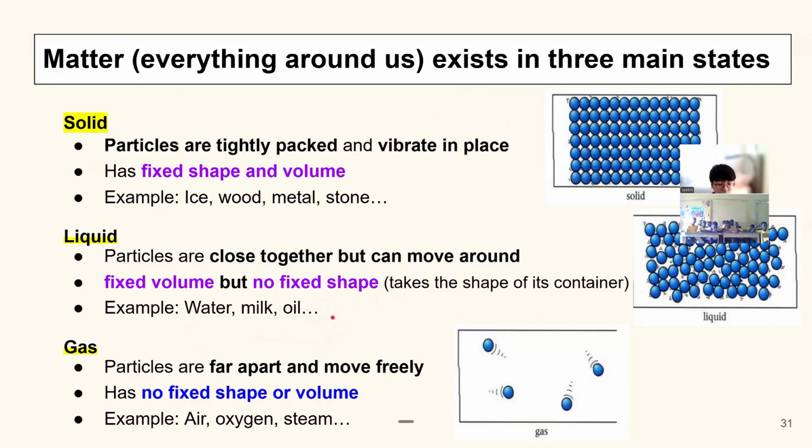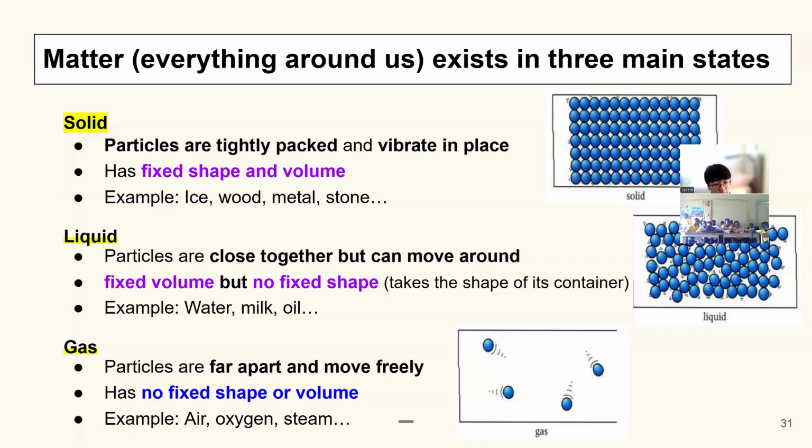And finally, we have gases. Gases are when particles are far apart and they move freely. Gas particles are very far away. The space between them is called the intermolecular space, and that space is very large.